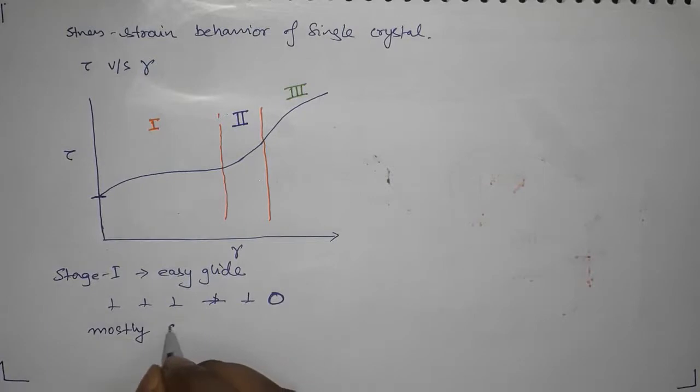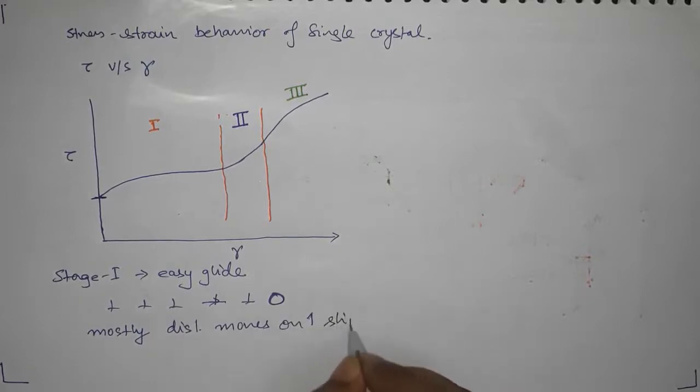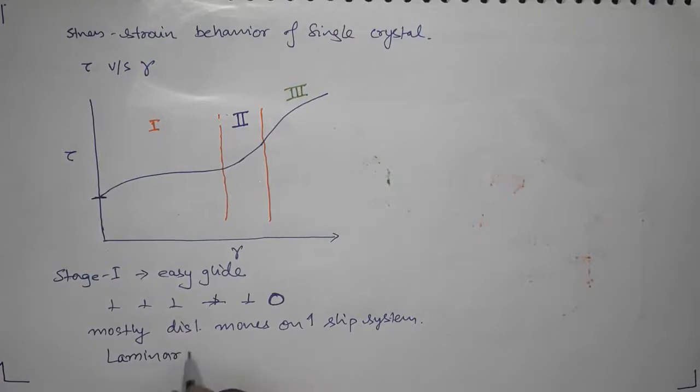occurs on one single slip system. And this is why stage 1 is also called laminar flow. And I have told you a few times before that movement of dislocation or phenomena of slip can also be visualized as a laminar flow, as a layer of less viscous liquid flowing over a more viscous liquid, okay.